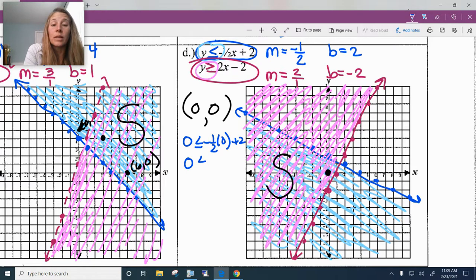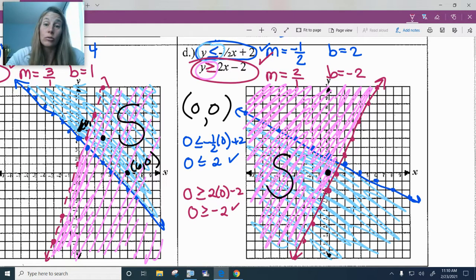We know 0 times anything cancels out, so we're just left with 0 is less than or equal to 2, which is obviously a true statement, so that's good so far. Then I'm going to put it into the second inequality. So 0 is greater than or equal to 2 times 0 minus 2, which just gives me 0 is greater than or equal to negative 2, which again is a true statement. It's confirmed that 0, 0 is in the solution set. So chances are we did graph this correctly.